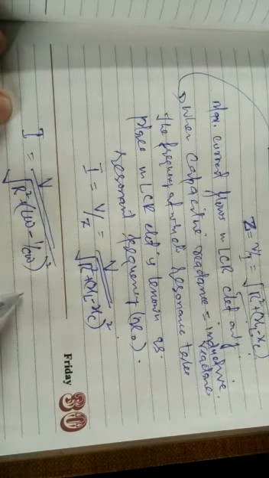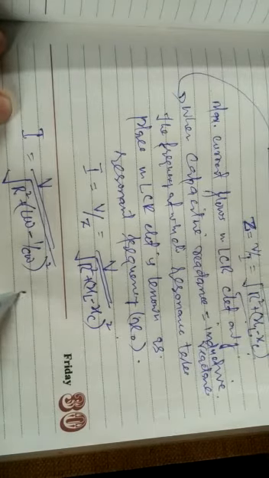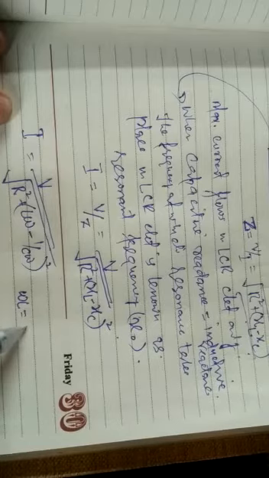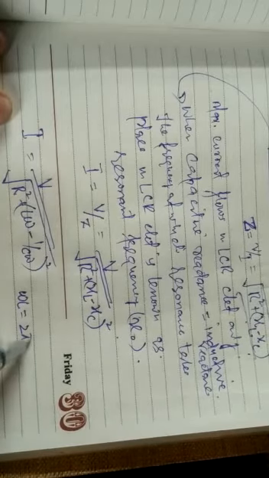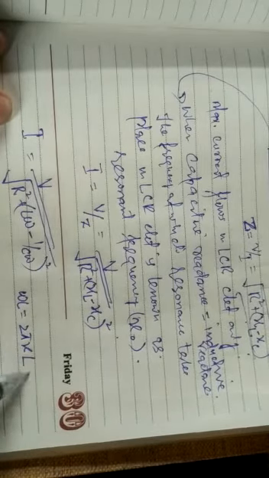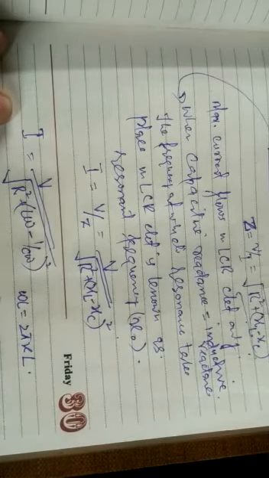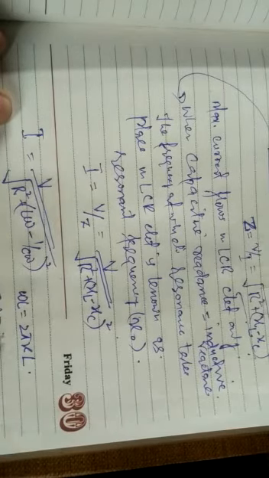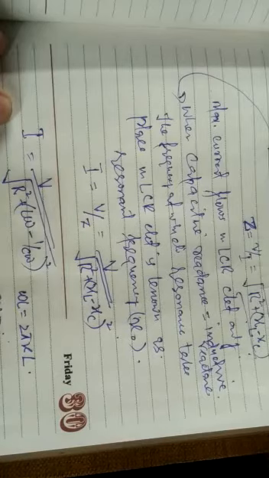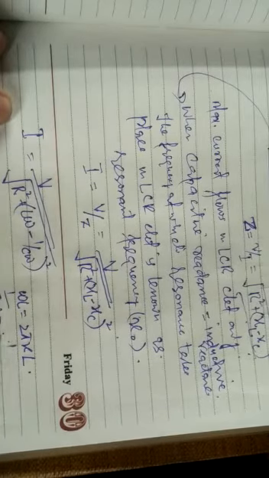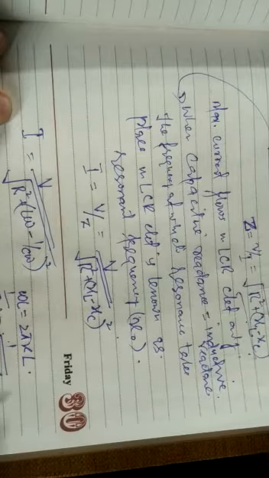But we know omega L equals what? Instead of omega we have 2 pi nu into L, and 1 over C omega equals 1 over C into 2 pi nu.